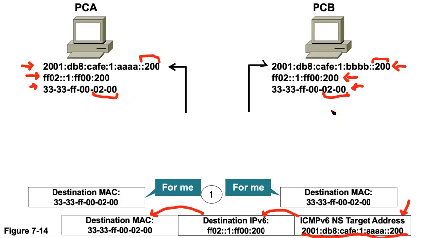So both of them receive this destination, this neighbor solicitation message. It's a multicast, so the switch is going to forward it out all ports. So they both go, you know what? It's for me because we both map to this MAC address.